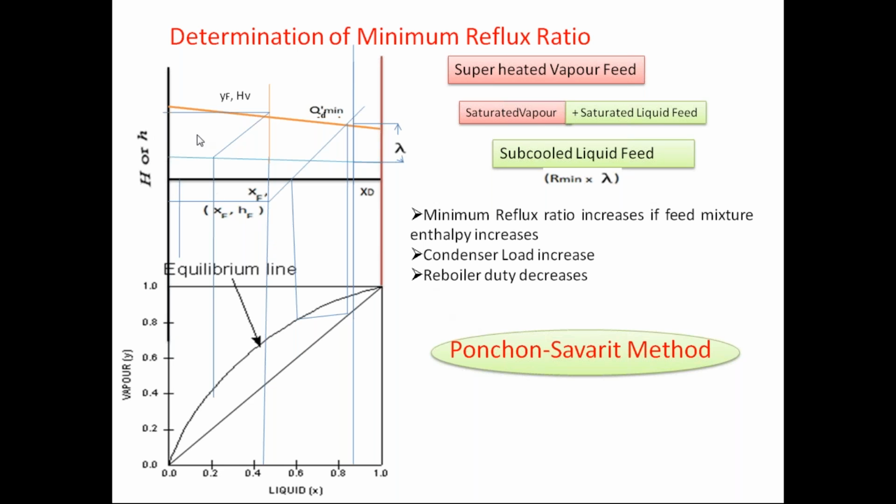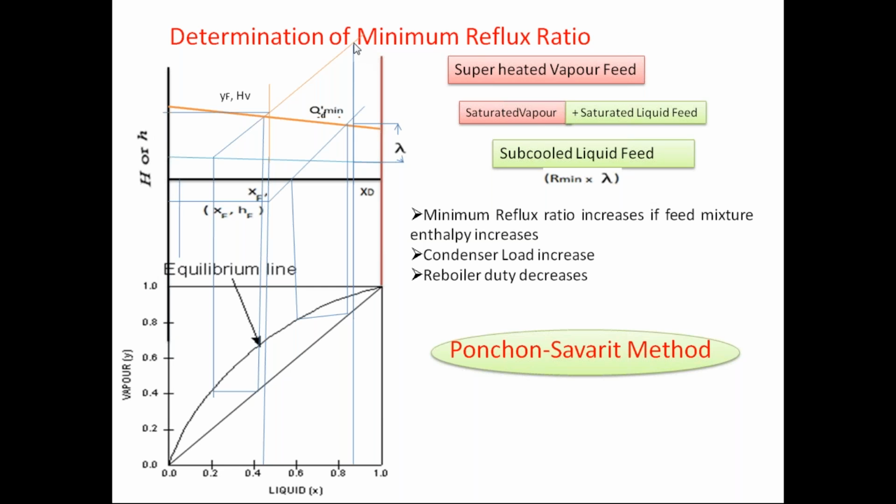Then you can see this line coming down to this one and coming here, and we are trying to draw a pinch point. See, this is exactly matching with the equilibrium point, therefore this is called a pinch point, and this pinch point can be extended here, so that you can find out QD minimum for a superheated vapor feed case.